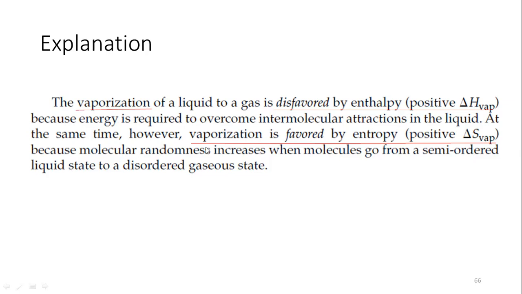At the same time, the vaporization is favored by the entropy. That means the positive change in entropy, because molecular randomness increases when molecules go from the semi-ordered liquid state to the disordered gaseous state. So the more positive the value, the more the vaporization.